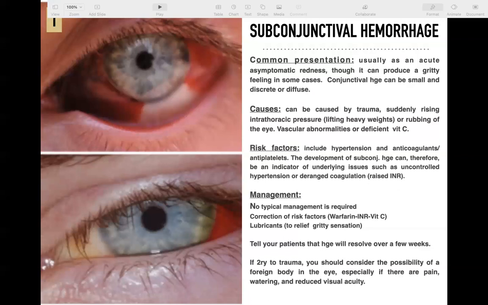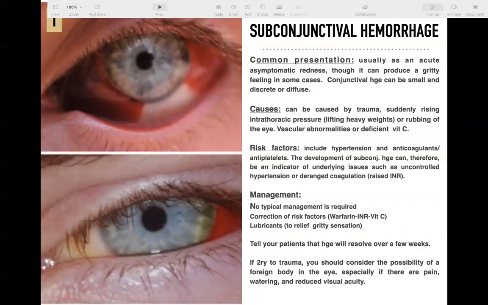So the development of subconjunctival hemorrhage can therefore be an indicator of underlying issues such as uncontrolled hypertension or deranged coagulation.